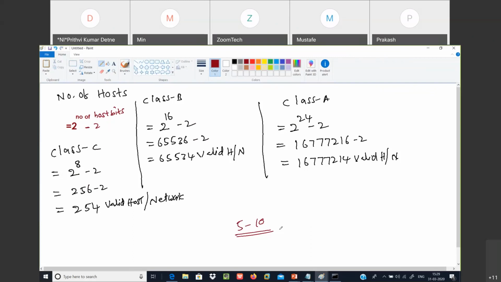But the main point here is in the host calculation. In the number of host calculation, we are doing minus 2 in class A, class B, and class C. For each and every network, we are doing minus 2. What is the use of it? Why minus 2 here?